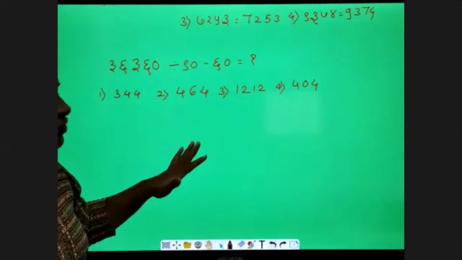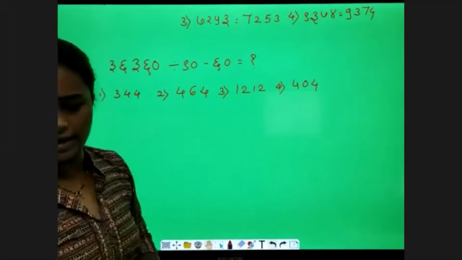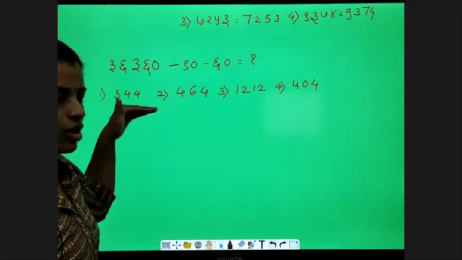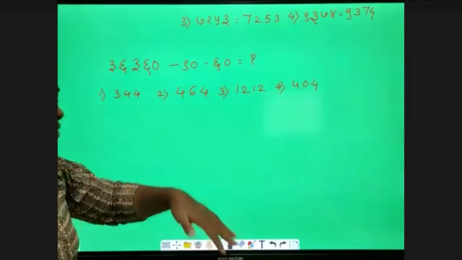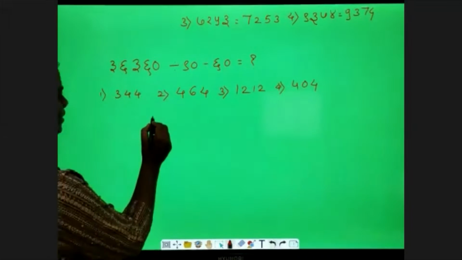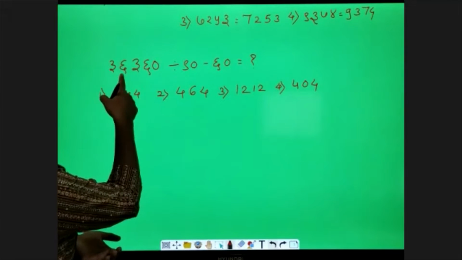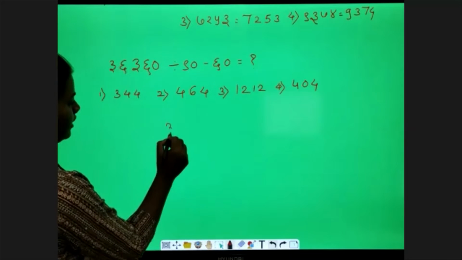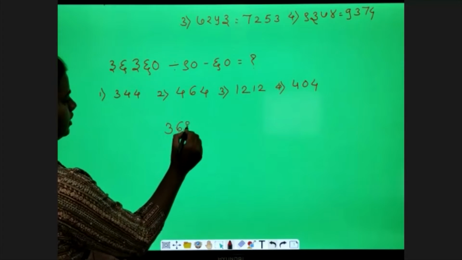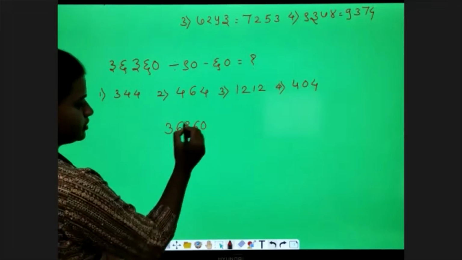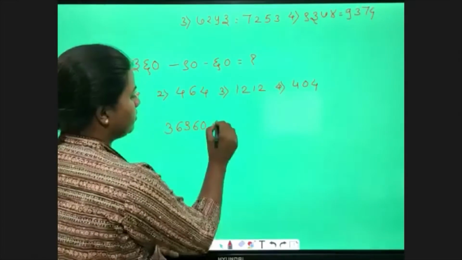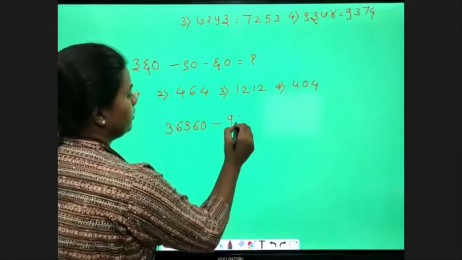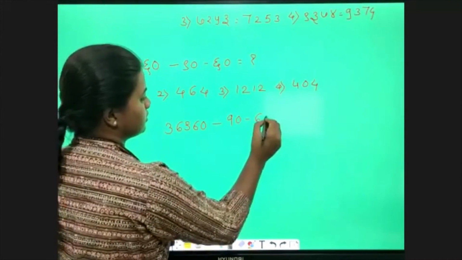Now what we will do first, only for explanation: as our options are in English, first we will convert to English. So it will be 36360 divided by, wait Arnav, 90 minus 60.